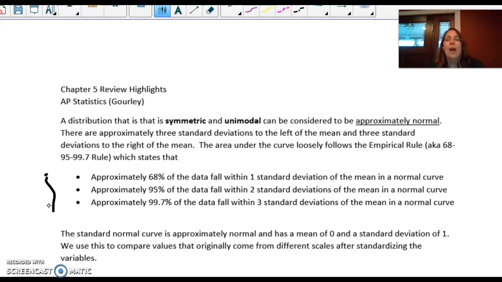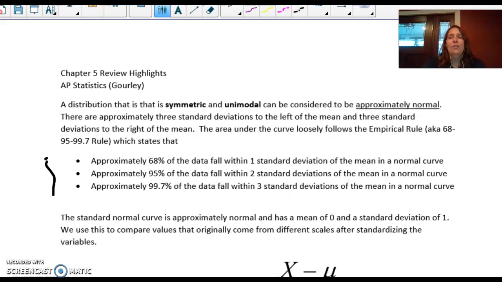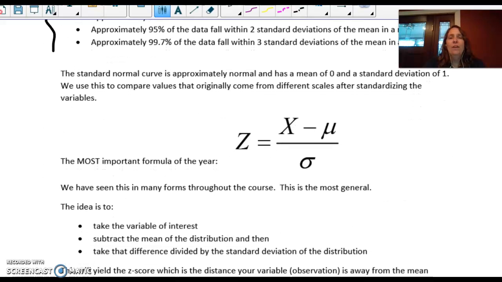This is approximate. So while this was great when we had numbers that fell right on the idea of mu plus 1 sigma or mu minus 2 sigmas, it doesn't work for every single case, which is why we started to standardize our data. So a couple of other things. We have this great big formula here, which is probably the most important formula in stats. We eventually started comparing things that weren't really on the same scale to begin with, so we had to standardize the variables.